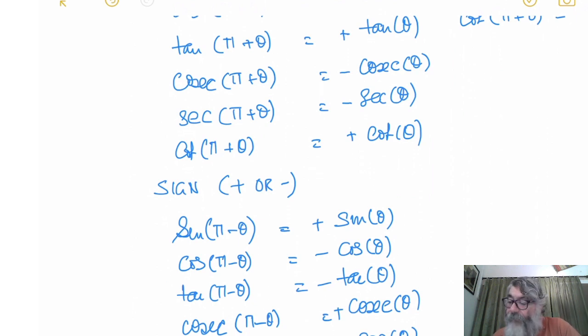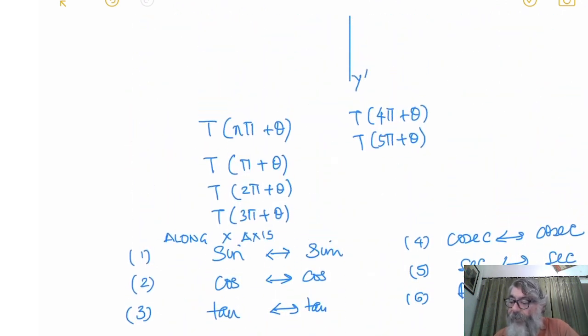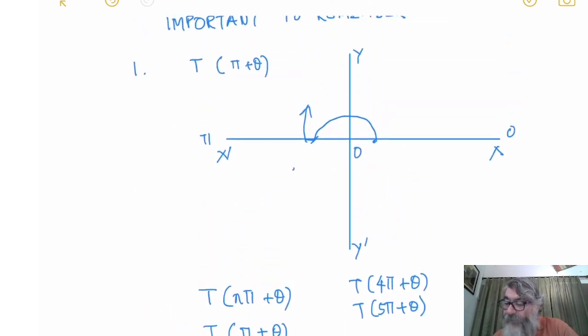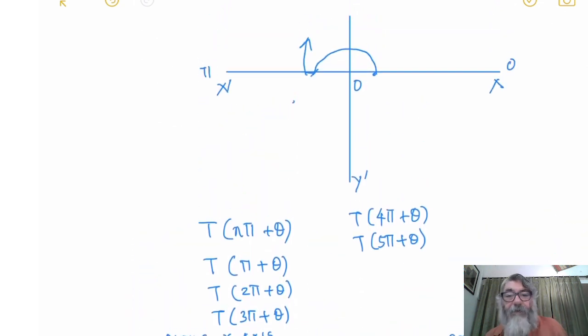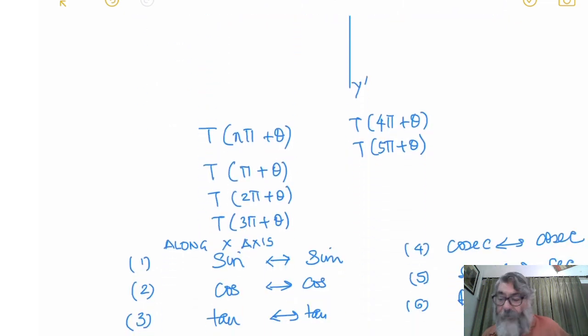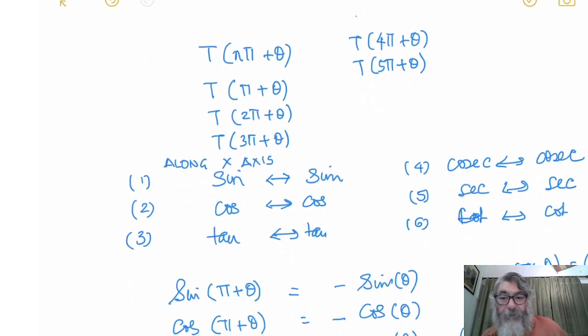Another thing we have to realize is that the sign of sine of this minus theta will depend upon what is on the left hand side, not on the right hand side. The ratios will not change.